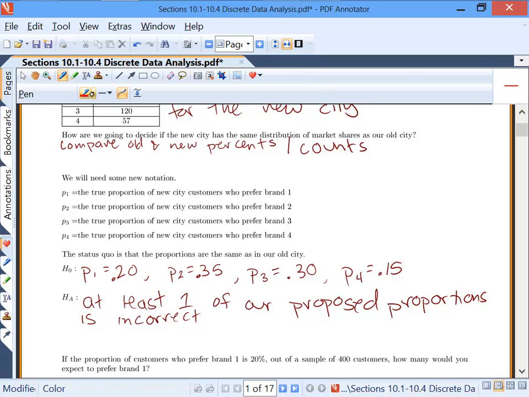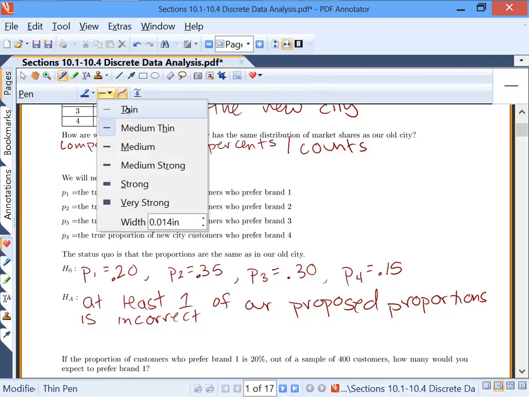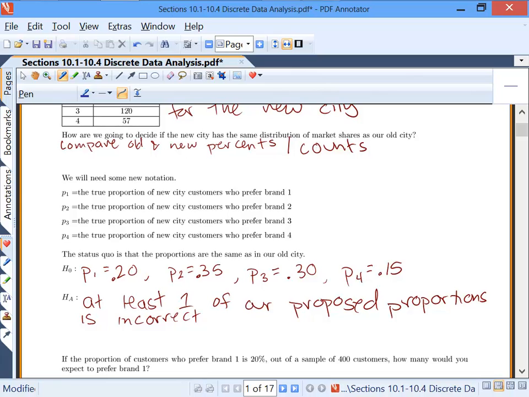So that could be our alternative hypothesis. There's also another way that we could write our hypotheses, depending on how the problem is given to us, which might make more sense. You could just say the null hypothesis is that the proposed distribution fits our data.